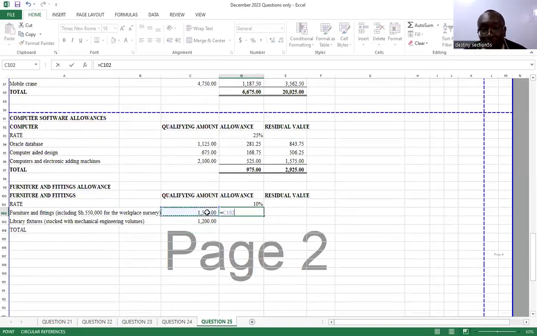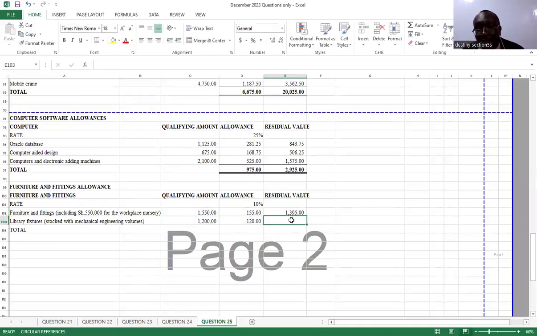We say equals this times this, F4. Enter, then you copy quickly there. You come here, you say equals this one minus this. Enter. You copy. Total here is this plus this. Then you get it like that.